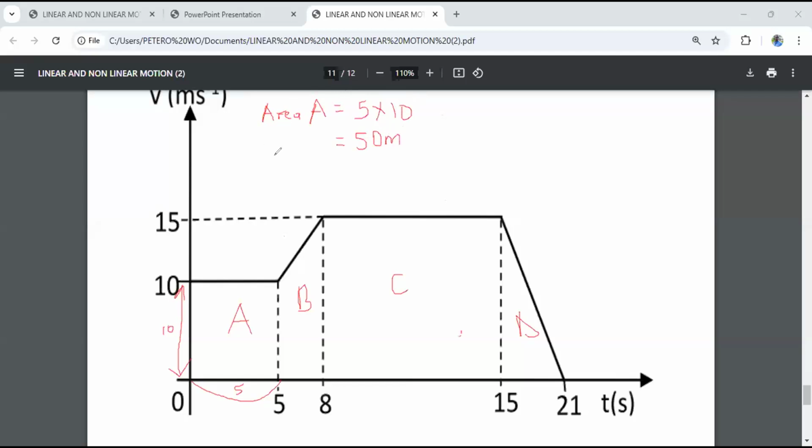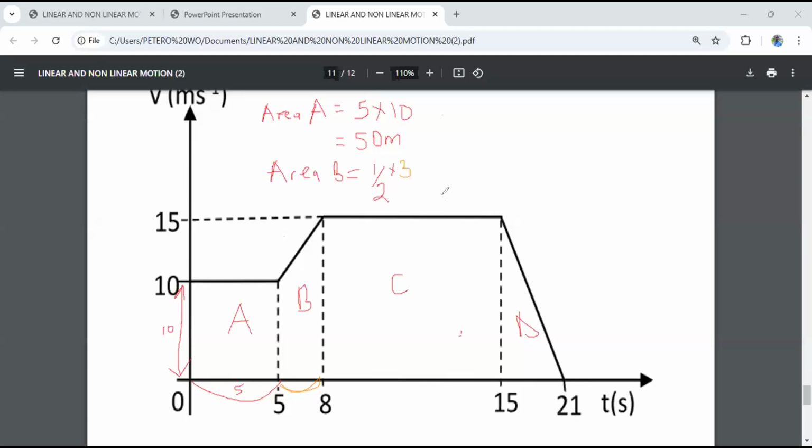Now, after getting A, we can also get area B. Area B is a trapezium. For a trapezium, we know that our area is a half times H, and the H for the trapezium here is the interval between 5 and 8, which gives us 3.